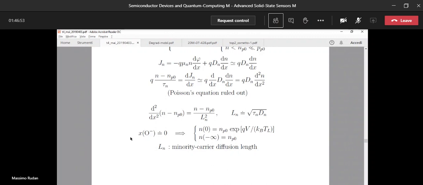It can be demonstrated, and we shall do it, but not today, that the boundary condition at O minus, that at this point we can also indicate with the boundary condition n at 0, is equal to np0. You remember np0 is the asymptotic concentration of the minority carriers in the P region times the exponential of qV over kT, in which V is the applied bias. That can be positive or negative, doesn't matter, okay?